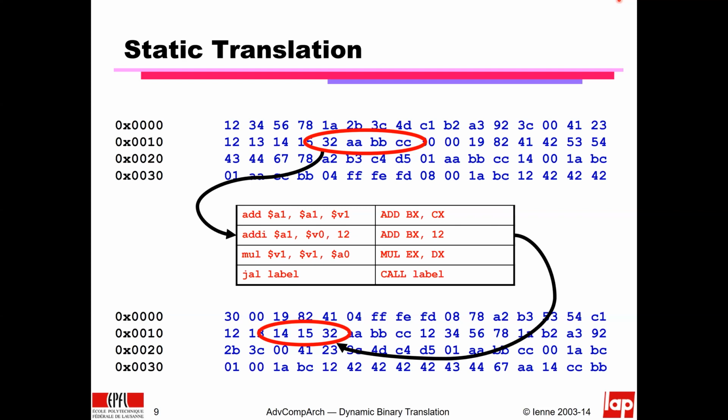It's not very fundamentally different, but a number of problems don't exist anymore. I'll do instruction selection properly, so I find out the right instructions that I need to implement any functionality. I will not have problems in the number of registers available because I will do a new register allocation, and if I need to spill something that I was not spilling on the source machine, I will do that, and it's not a problem, right?